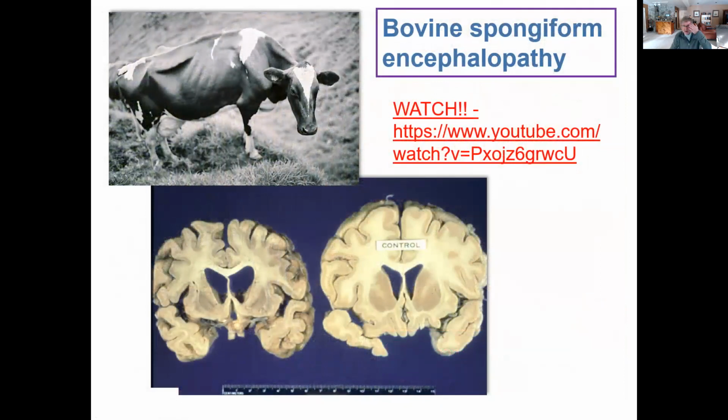Mad cow disease, you may have heard of that. There's a nice little YouTube video I'd like you to watch that describes more of the biology of these prions. So please watch that. This bovine spongiform encephalopathy, bovine referring to cow, occurs when the cow, you might say, how does the cow get the prion? Well, believe it or not, most cows are fed in big yards or in local farms.